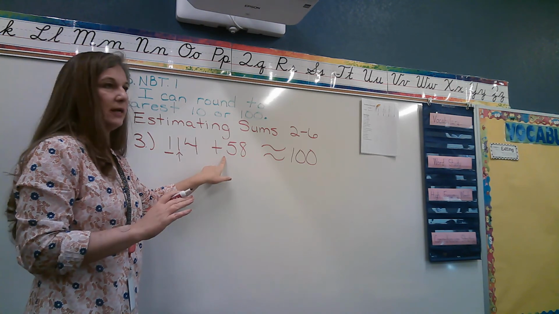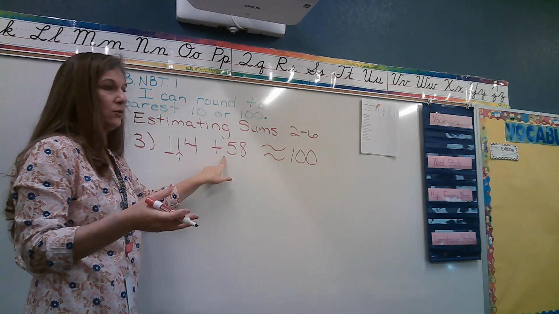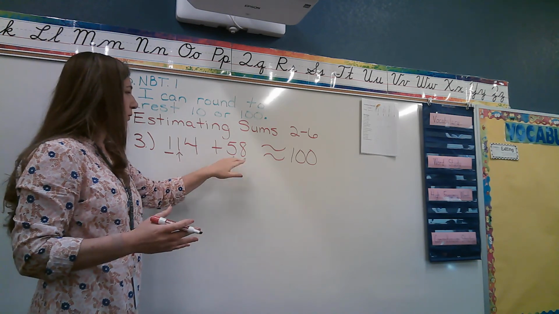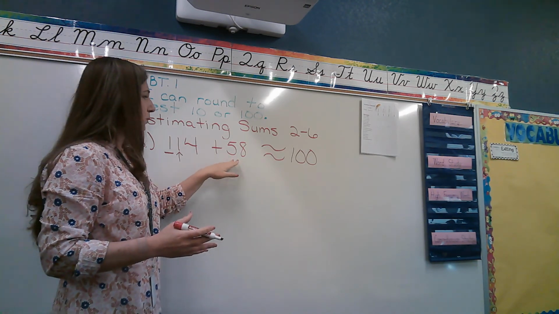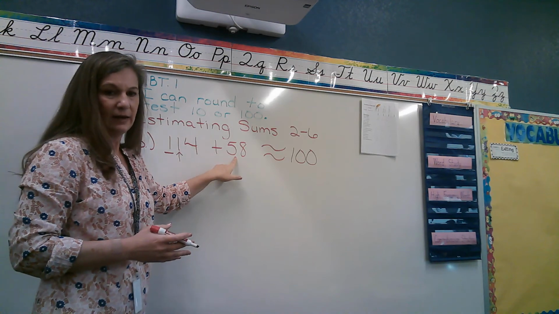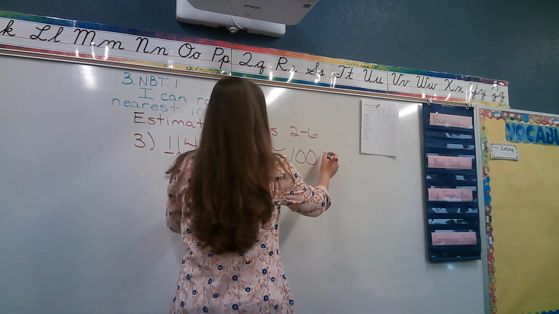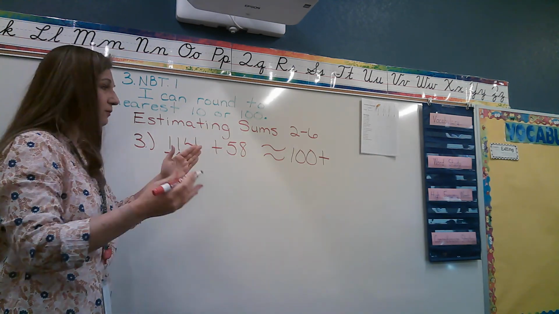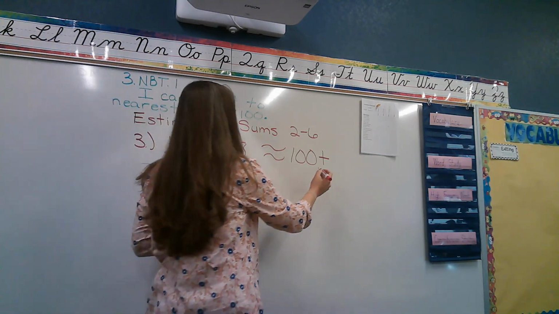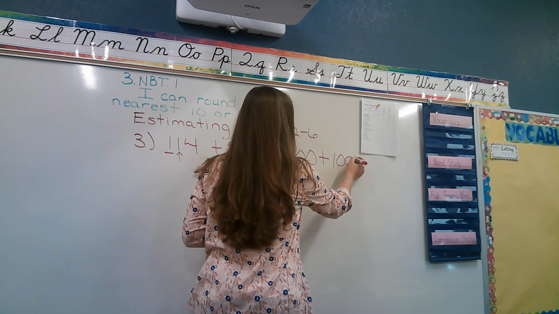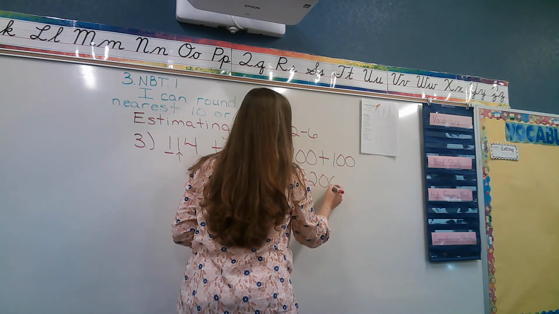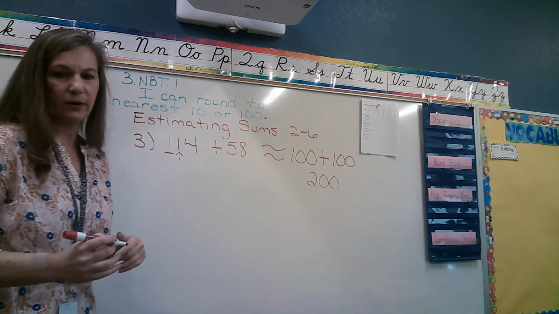Unless it was like the number 2, 3, or somewhere in that range, we wouldn't round to a 0, but we're definitely past 50 here. So we would round to the closest 100, which would be 100, because 58 falls between 0 and 100. So if we add 100 and 100, it's going to be approximately or about 200.